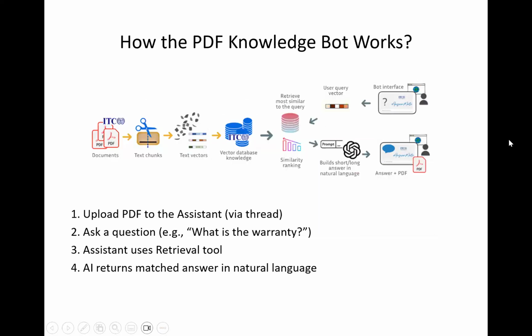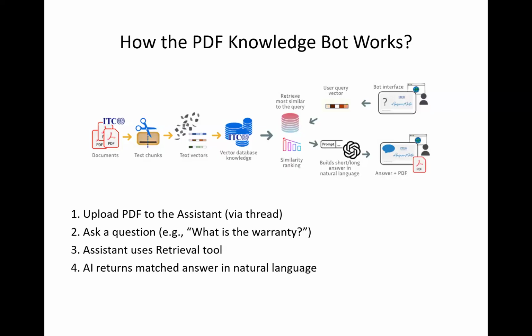Generally how it works is that we integrate OpenAI into our application, and our application is a PDF knowledge bot. A bot is nothing but something that talks to the source and gives us the output. That is the work of the bot. The PDF is there and we are getting the knowledge from the bot.